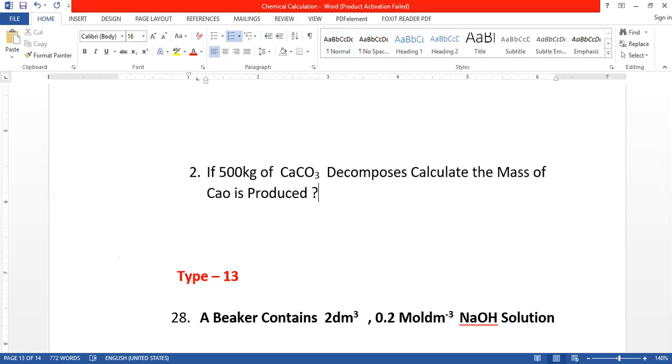Look, if 500 kilograms of calcium carbonate decomposes, calculate the mass of calcium oxide produced. How to do this question? Let's do it now.